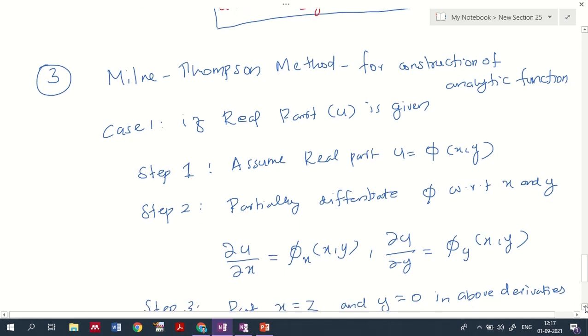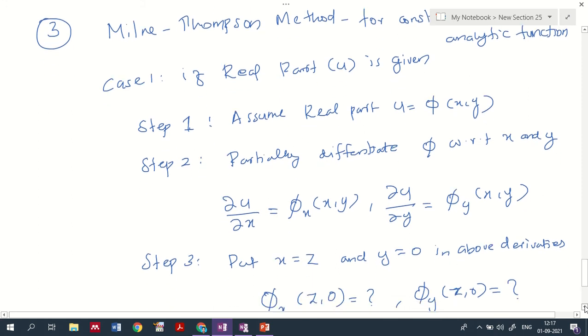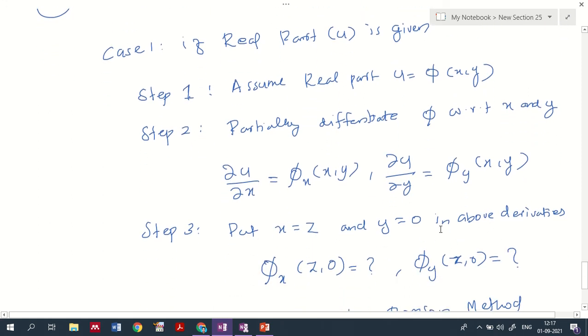Now put x equal to z and y equal to 0 in the above derivatives. So phi_x(z, 0) is a corresponding function, and phi_y(z, 0) will be a corresponding representation.